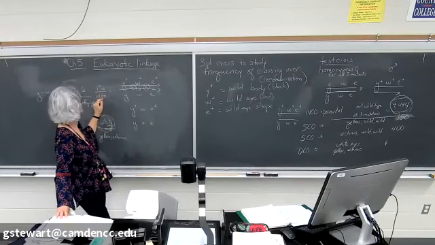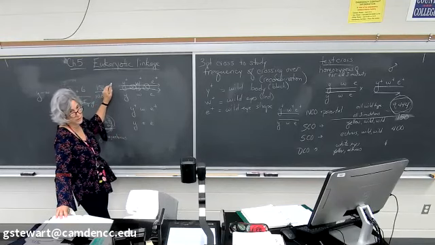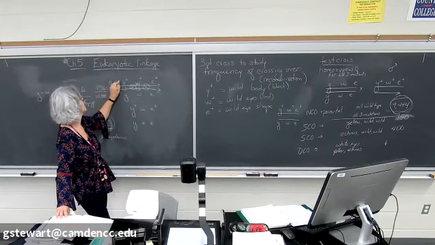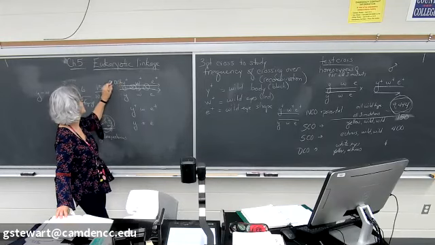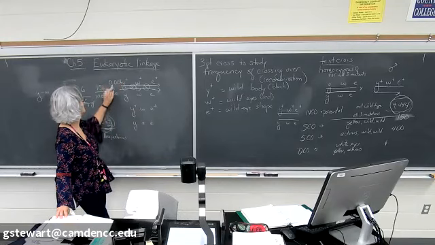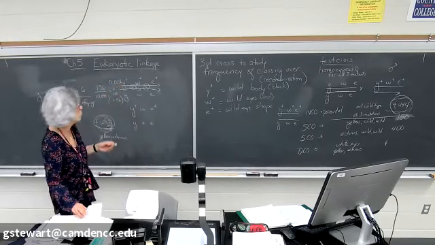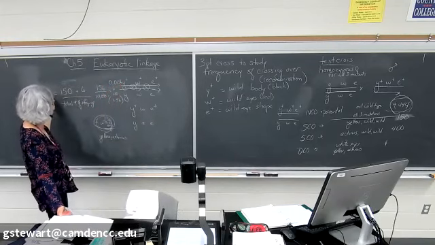So 156 divided by 10,000. 0.0156. And then we're going to multiply that by 100 to give us 1.56. That's our distance. That's our map units between Y and W.